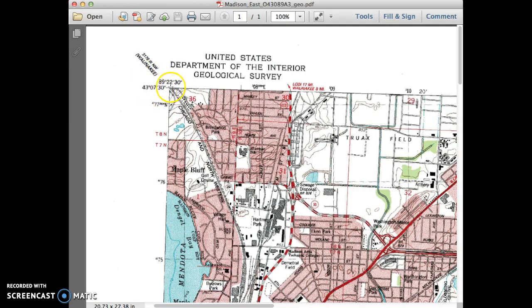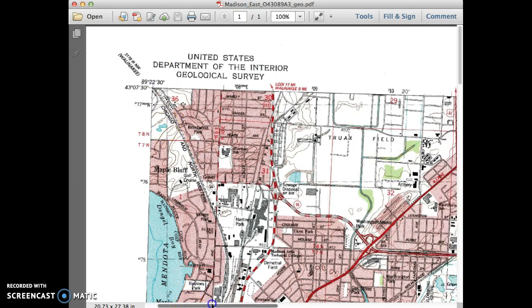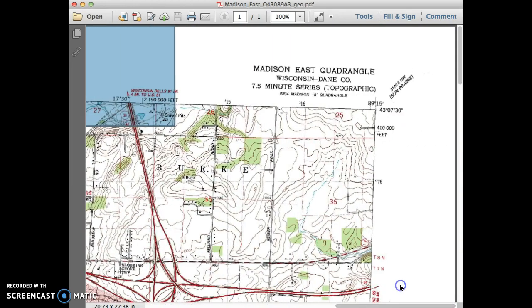That tells us that this line right here, that's the line of latitude it is at. Now you can tell that this is latitude because it goes from left to right or east to west on your map. And if you scroll over to the other side, you'll see that it is also the same value. So 43 degrees, 7 minutes, and 30 seconds. So that again is our line of latitude.